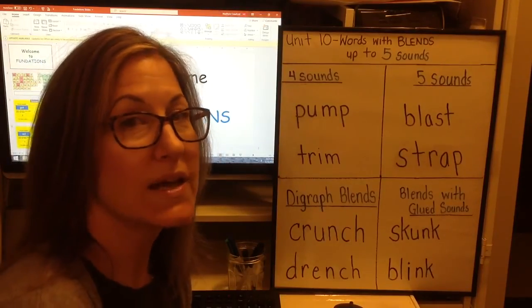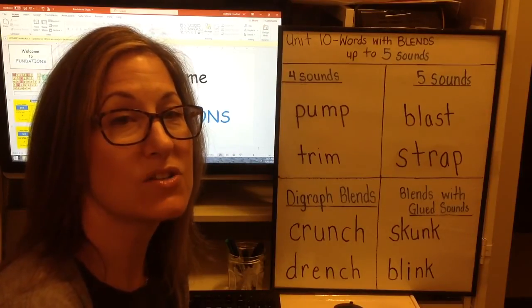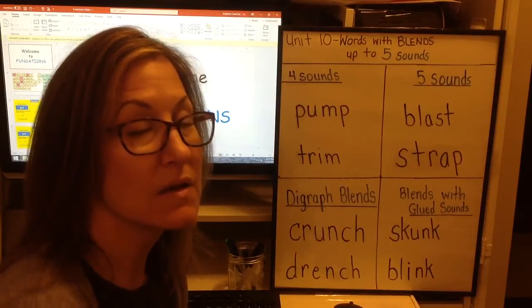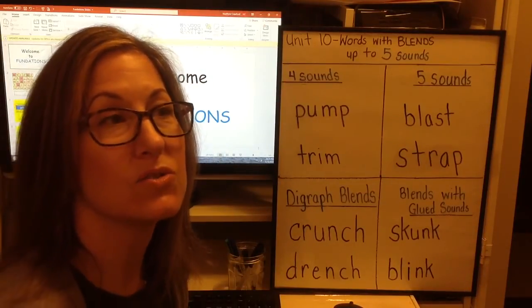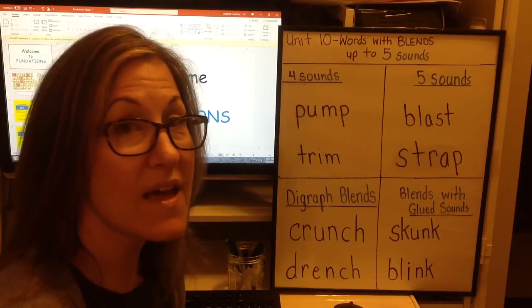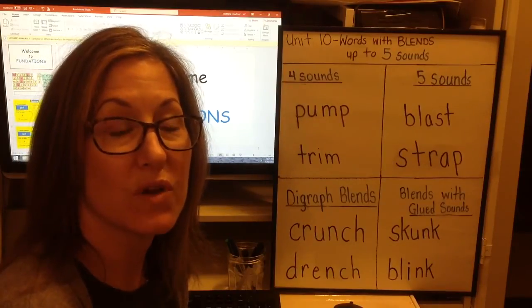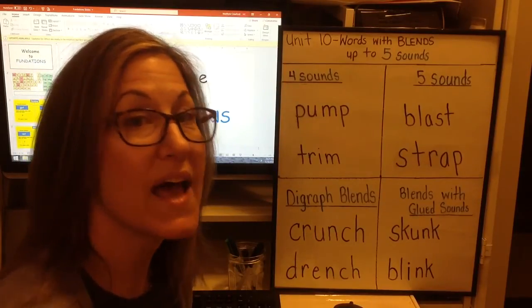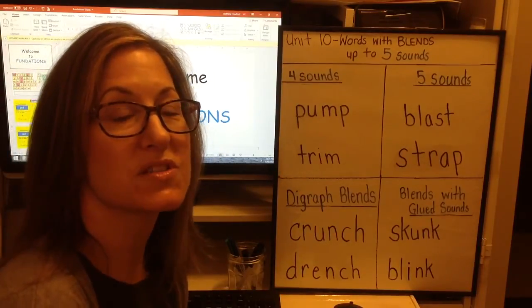So what I would like to do, since I wasn't with you during those last 2 units, is just review a little bit, just a little, about the concepts that were taught in units 8 and 9 of Fundations. And then I will teach you the concept for unit 10. Okay? So here we go with just a little review.